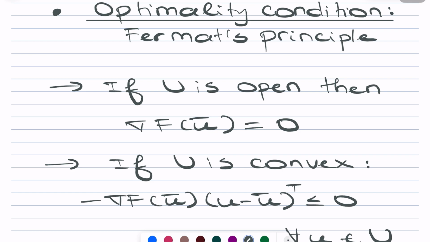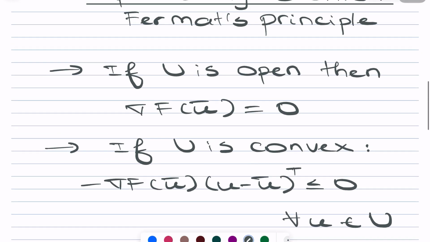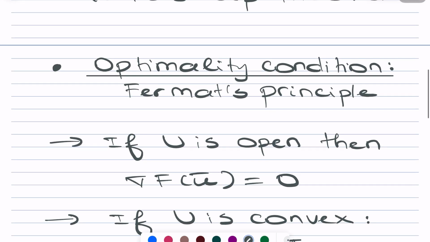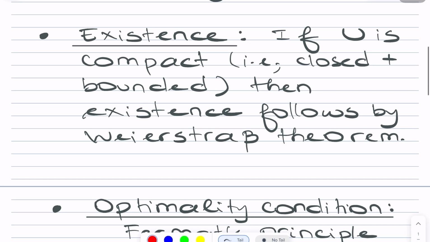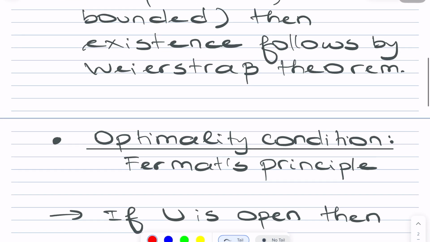Everything is quite nice when dealing with finite dimensional smooth minimization. But the problem is that, in order to characterize minimizers of functionals in the infinite dimensional setting, when this X here is not a finite dimensional space, we would like to still characterize minimizers via the Fermat principle.